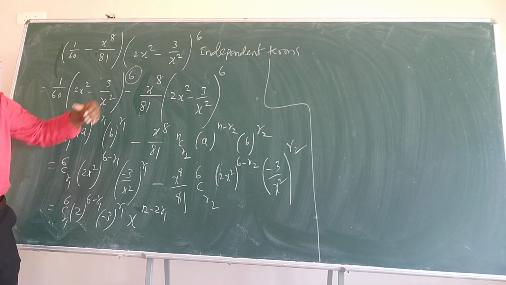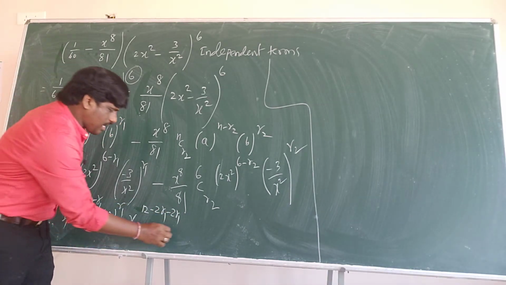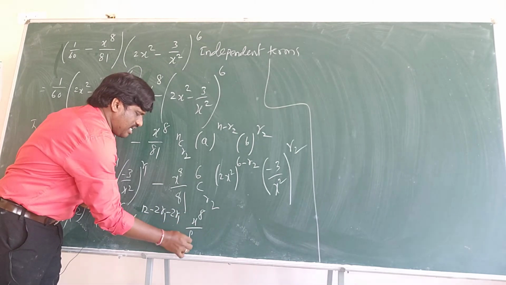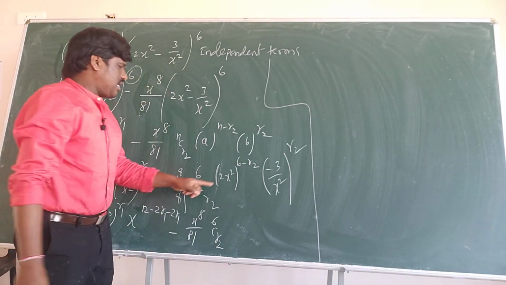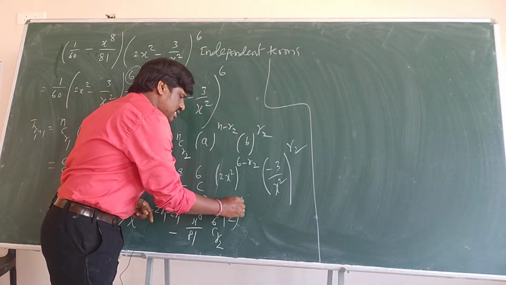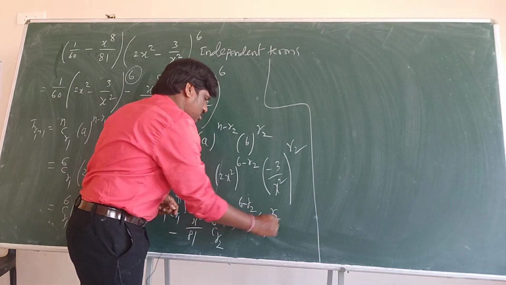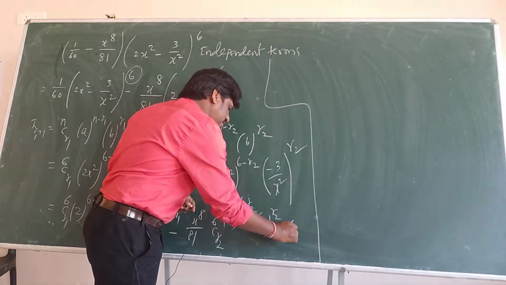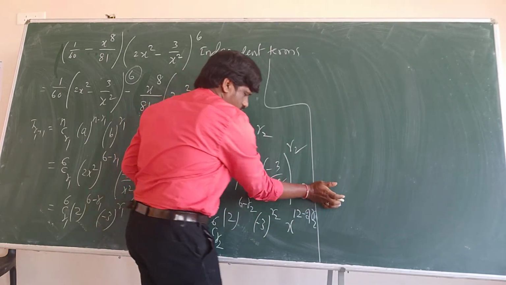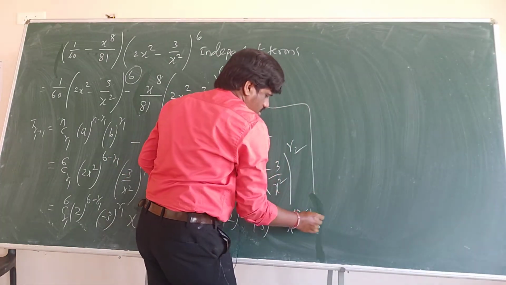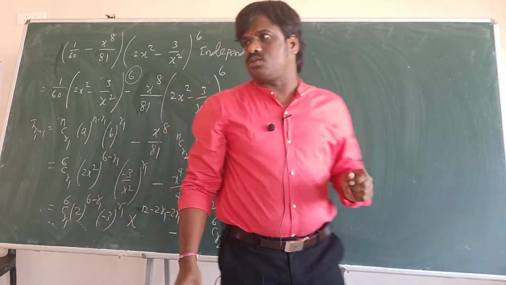So if I take it, minus 2r1, that is what we have to make, and minus x power 8 by 81, 6Cr2, and here 2 to the power of 6 minus r2 into minus 3 to the power of r2 into x power 12 minus 2r2, and this is minus 2r2.